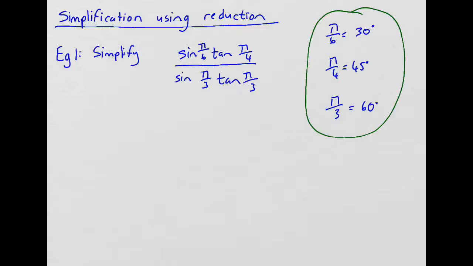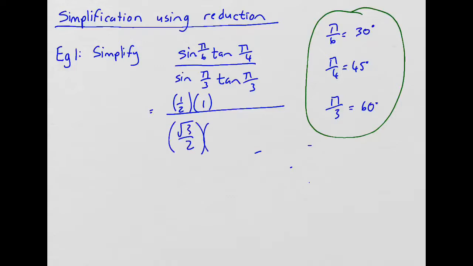Right, so in this case, we can firstly say that sine pi over 6 is sine 30 in degrees, which makes it a half. Then tan pi over 4 is tan 45 degrees, which makes it 1. Then in the denominator, sine pi over 3 is sine 60, which makes it root 3 over 2.